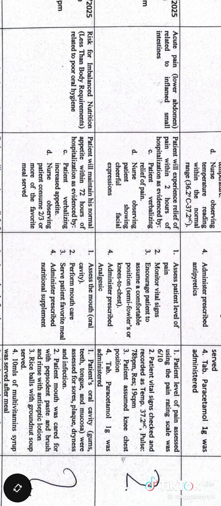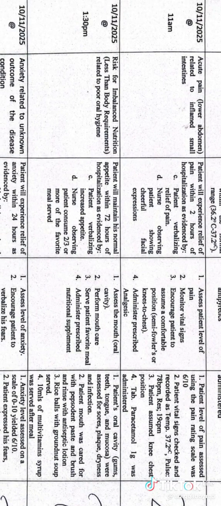All right, so the orders we gave are as follows: assess patient's level of pain, monitor vital signs, encourage patient to assume a position that makes him or her feel comfortable, either semi-Fowler's or knee chest. Then you administer prescribed analgesic.